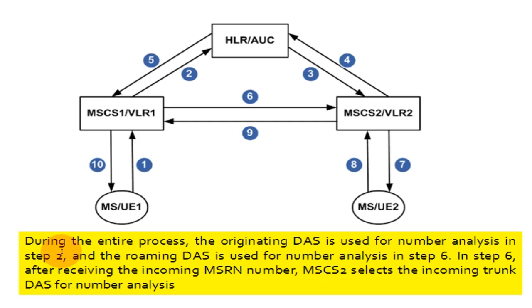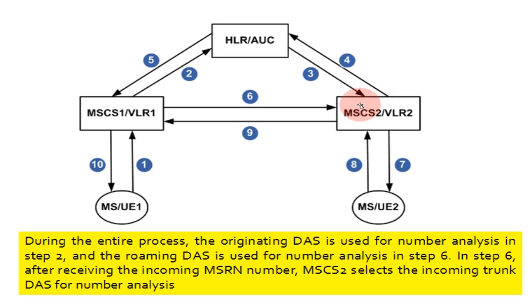During the entire process, the originating digital analysis selector is used for number analysis in step 2. So before proceeding to the HLR, the MSC1 is going to do number analysis. And the roaming digital analysis selector is used for number analysis in step 6.